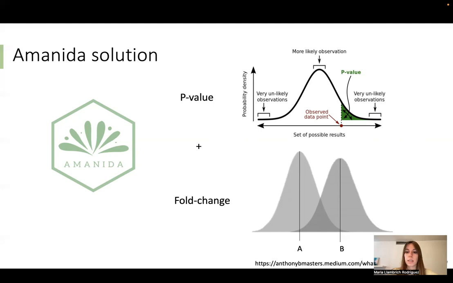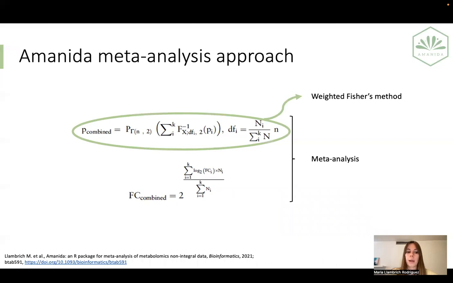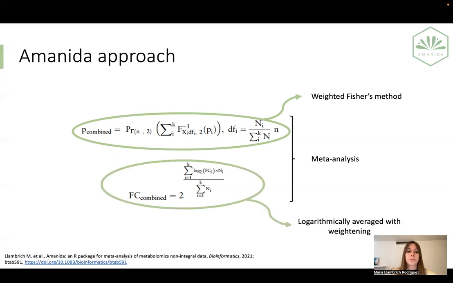The p-value is the statistical significance, and the fold change is the biological change. We want this combination to know if they are different or not. So the Amanida meta-analysis uses these two metrics, combining them. For the p-values, we use a variant of the Fisher method to combine them between the studies, and these p-values are weighted using a gamma distribution by the sample size of the different studies.